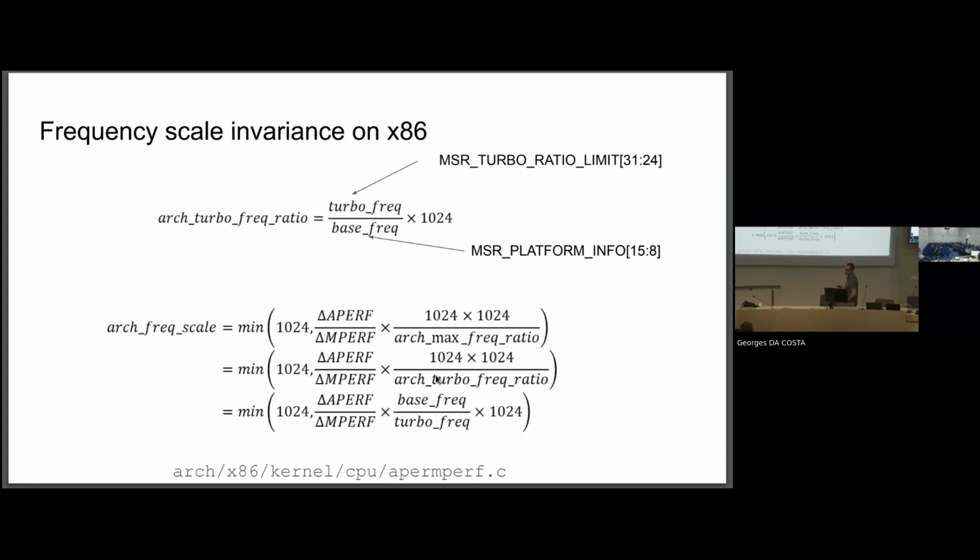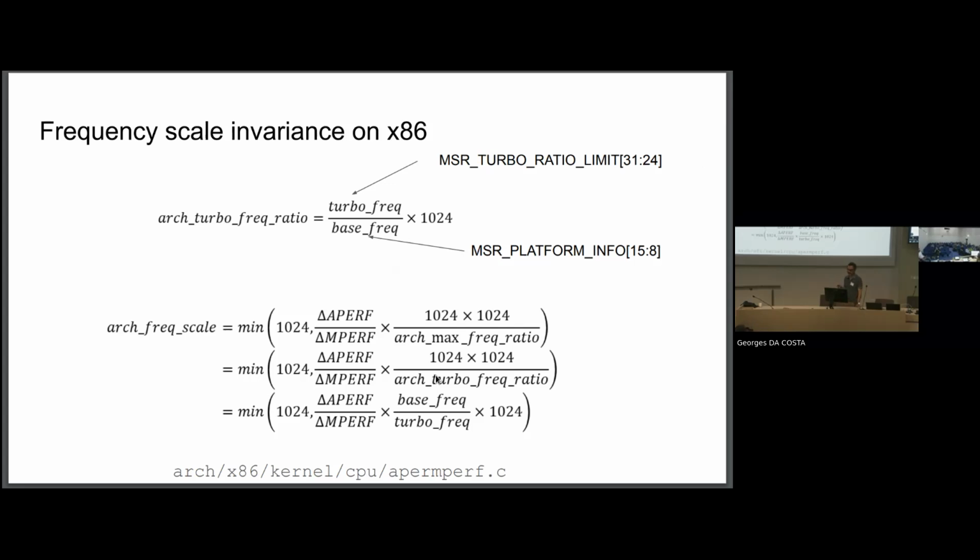Then the factor that we should use for frequency scaling gets us to this number, which is the minimum of 1024 versus the turbo ratio multiplied by the changes in these registers.